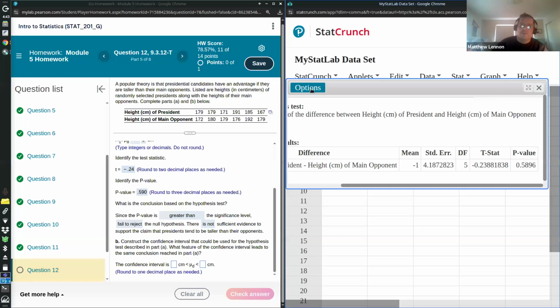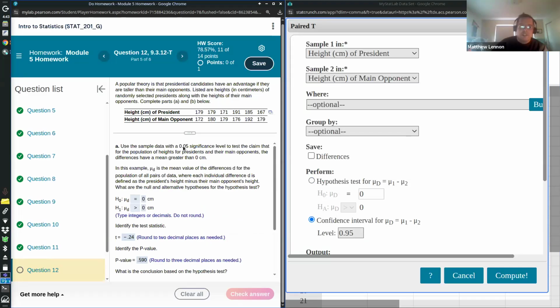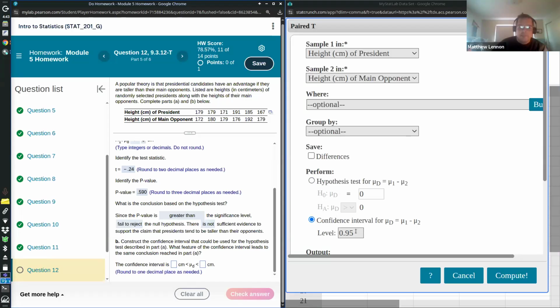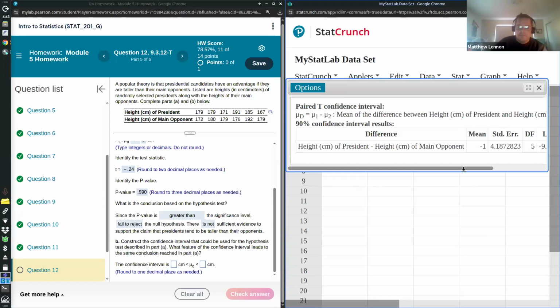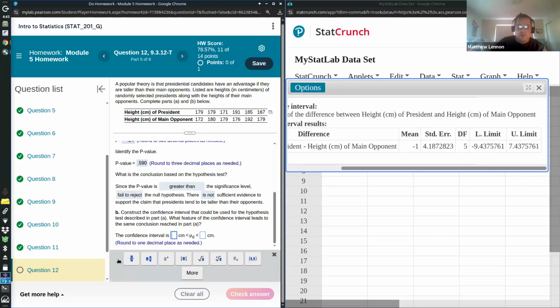All right. Now we want to do a confidence interval. So we edit, just go to confidence interval. It says 0.05. So if you double that, you go to 0.9. And we double it because it said greater than. So 1 decimal place, that tricked me last problem.